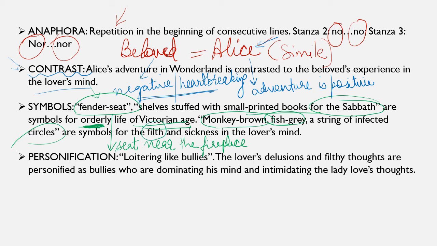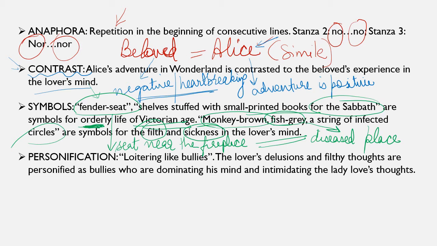Filth means dirt, sickness means disease. So filth is waste, dirt, garbage. Sickness is definitely disease. So the lover's mind is basically a diseased place, and these colors are symbols for this disease.